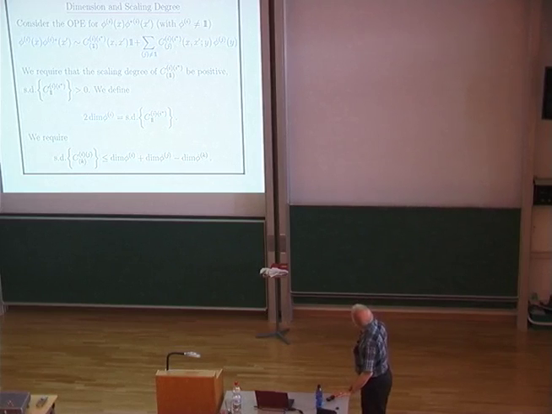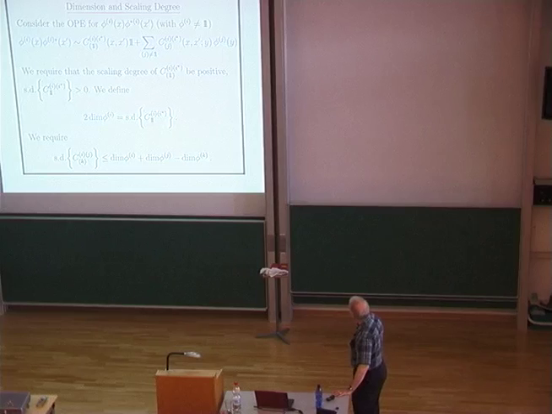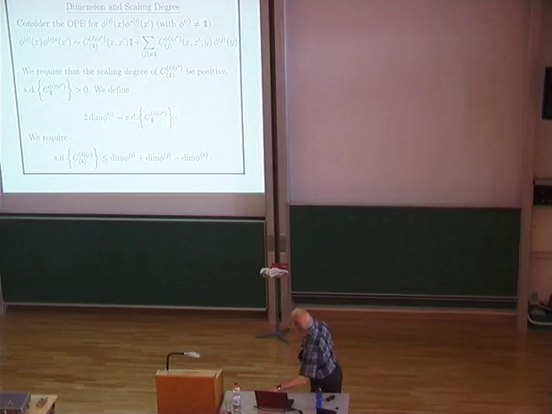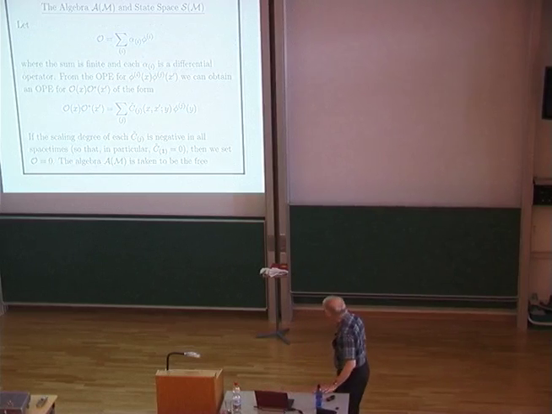And then we basically require that all of the other coefficients not be more singular than this, taking into account what the dimension of these fields are. So one of our conditions restricts the scaling degree of the other coefficients in terms of the dimensions of the fields that occur there, that basically guarantees that there be no term in the expansion more singular than the coefficient of the identity.